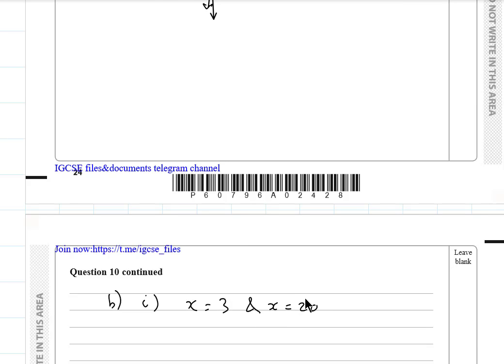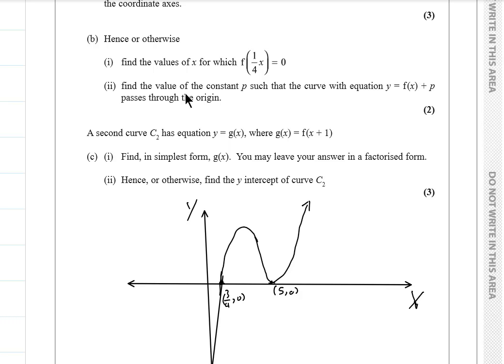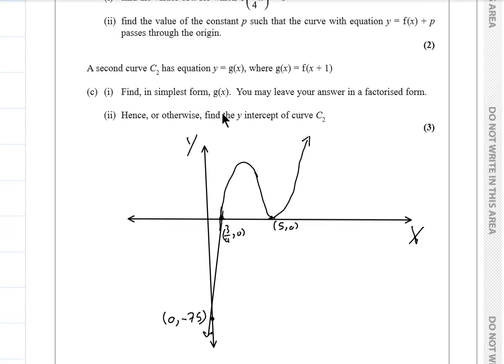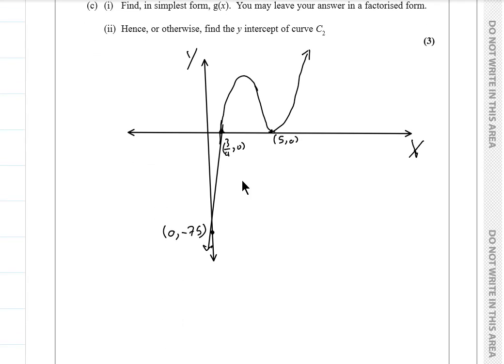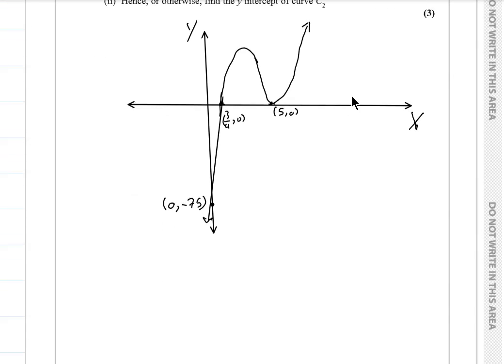B, ii, find the value of the constant p such that the curve with equation y equals f of x plus p, a vertical translation up, passes through the origin. It's very easy. I should move this curve vertically upward by 75. So here p should be 75, of course.